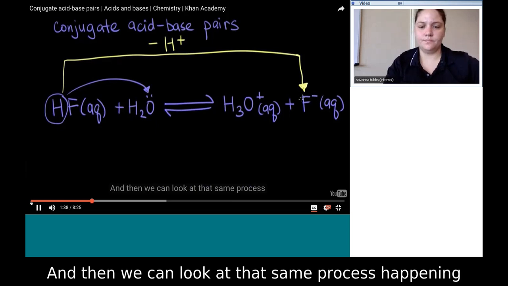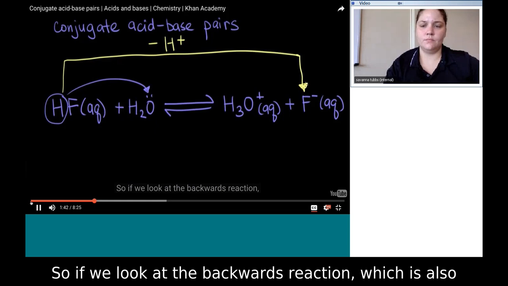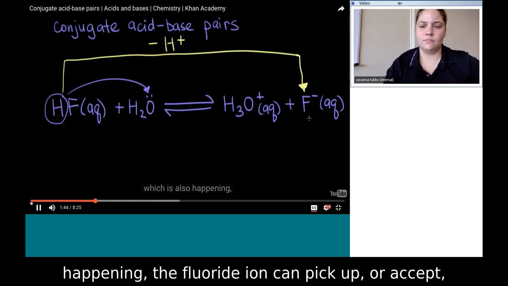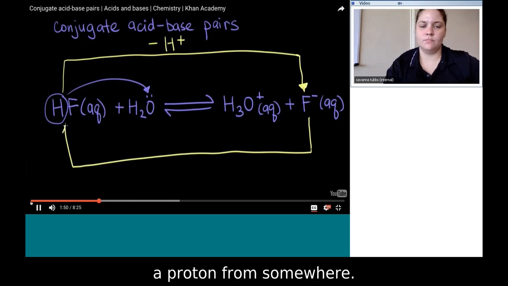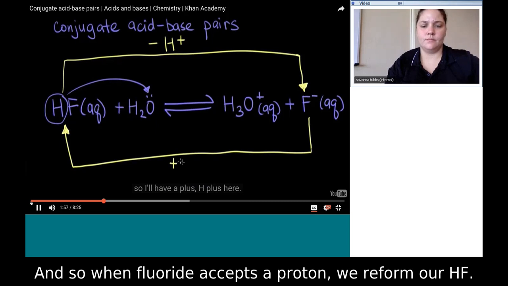And then we can look at that same process happening in the backwards reaction. So if we look at the backwards reaction, which is also happening, the fluoride ion can pick up or accept a proton from somewhere. So it can pick up an H+. So I'll have a plus H+ here. And so when fluoride accepts a proton, we reform our HF.